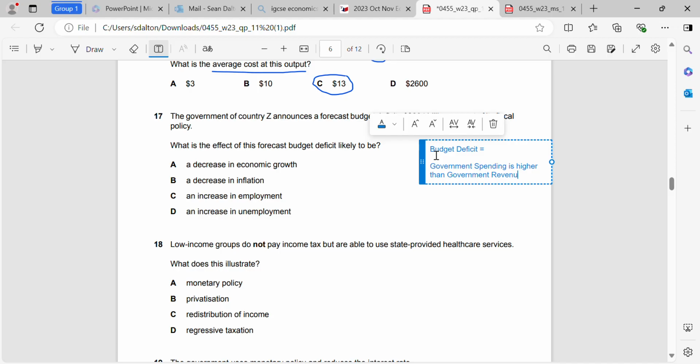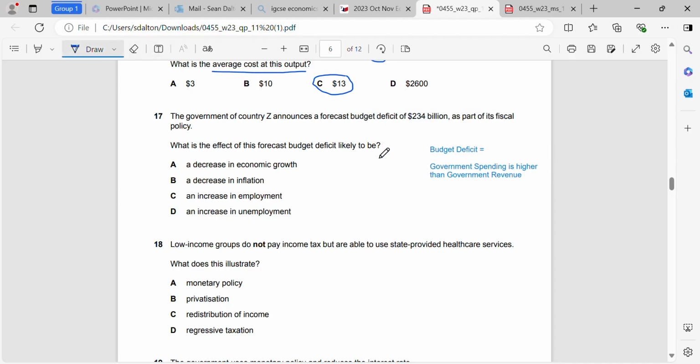So we're spending more money than we are collecting in taxes, right? And then we've got to think about what our effect on AD will be for that. Okay? Government spending is a component of AD, and if government spending goes up, AD will move to the right.